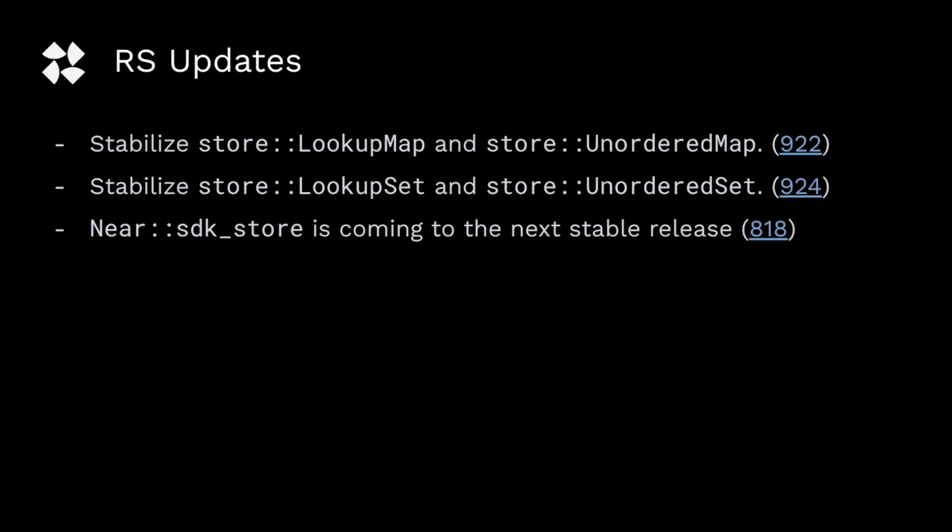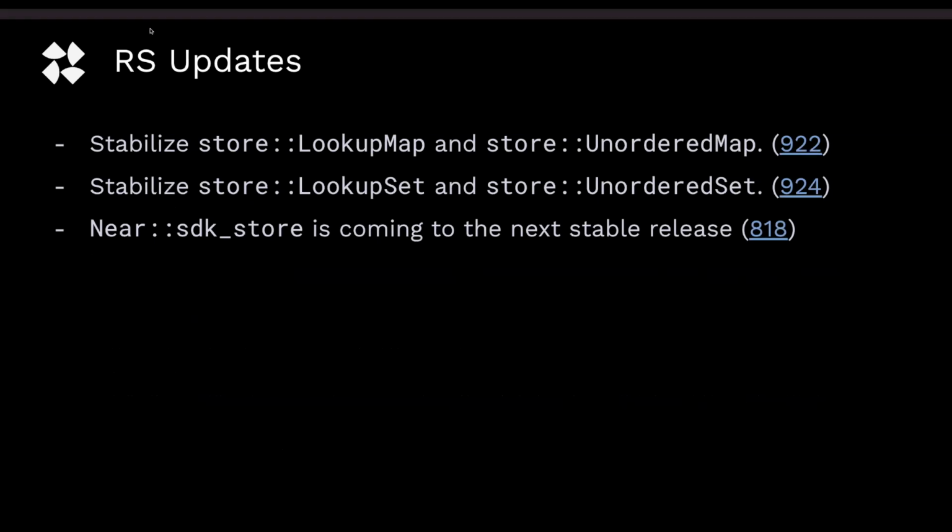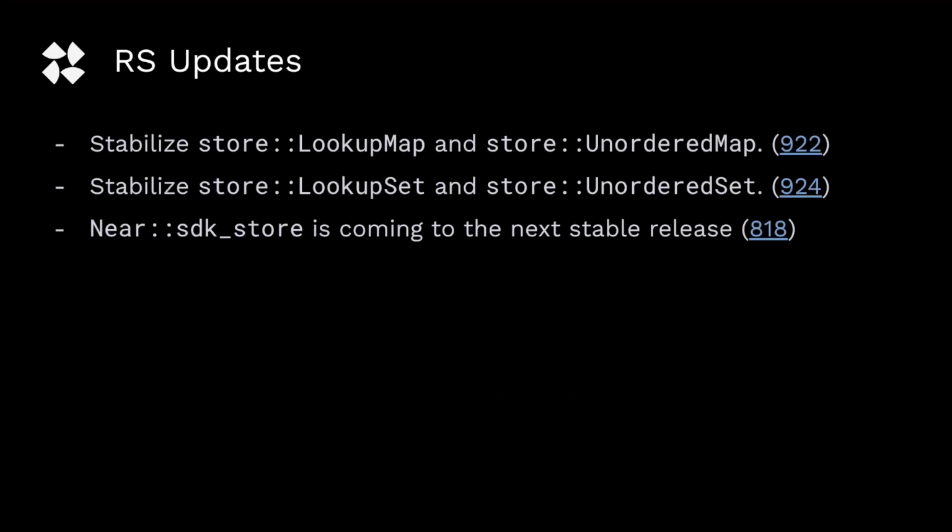Rust updates. Right. So basically with Rust right now, what we're mainly focusing on is having a high level of stability, a high level of performance, cleaning up APIs, and improving testing.